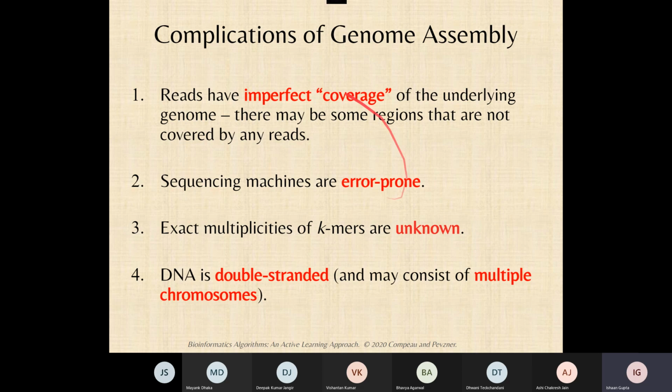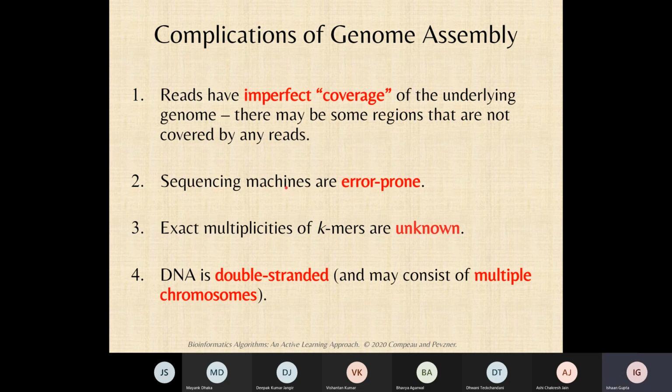Okay. So the complications that we had sort of assumed away when we were talking about genome assembly was that reads have perfect coverage. That essentially means that all the parts of the genome are going to be represented and all the k-mers from each part of the genome are going to be equally represented.